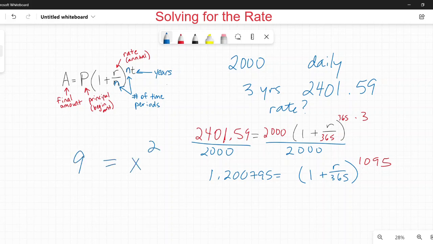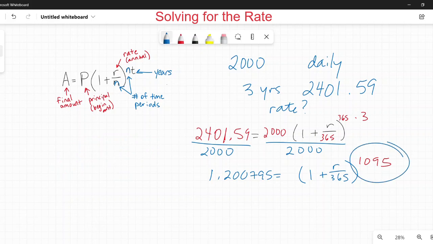What is x? You say, I do the opposite of square to both sides. I square root, and then that gives me x. If this were x cubed, what's the opposite of cubed? Cube root to both sides. I know this is crazy, but it's the same setup, same principle.